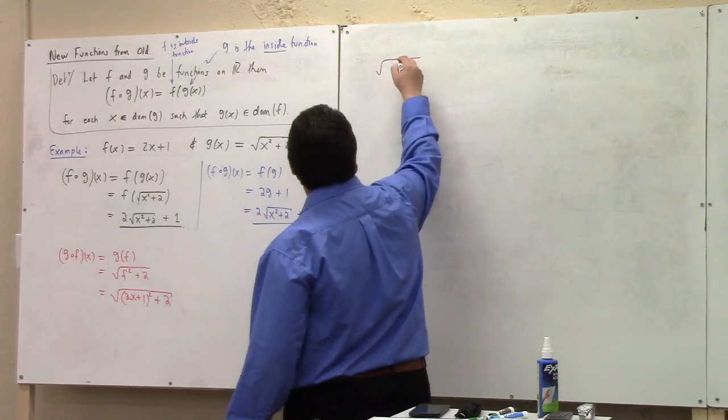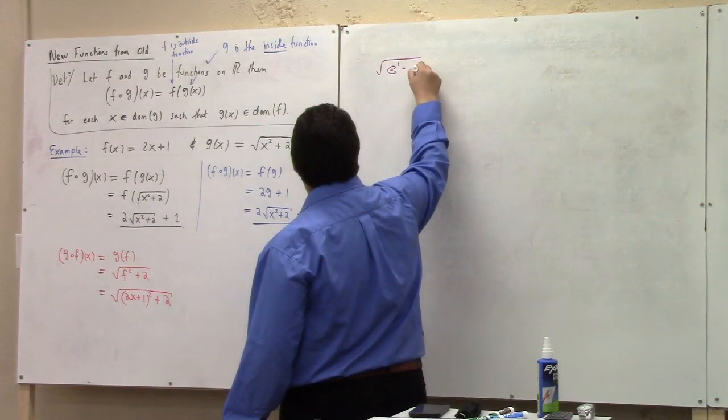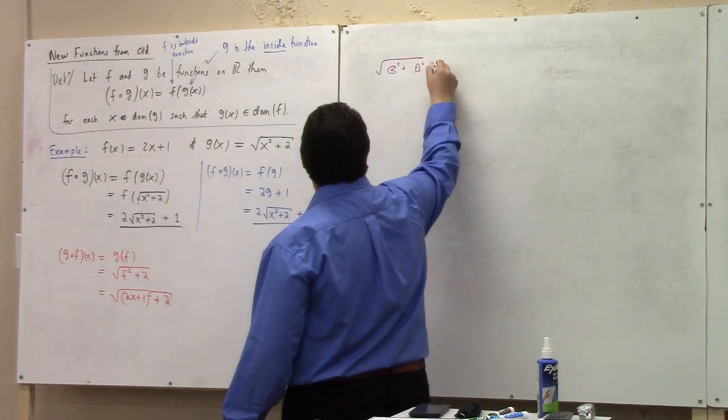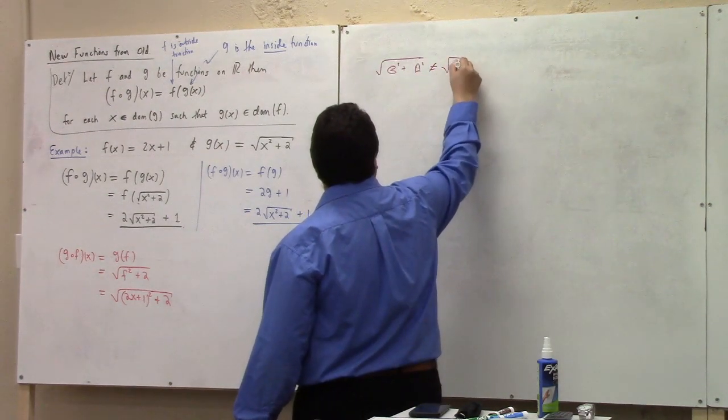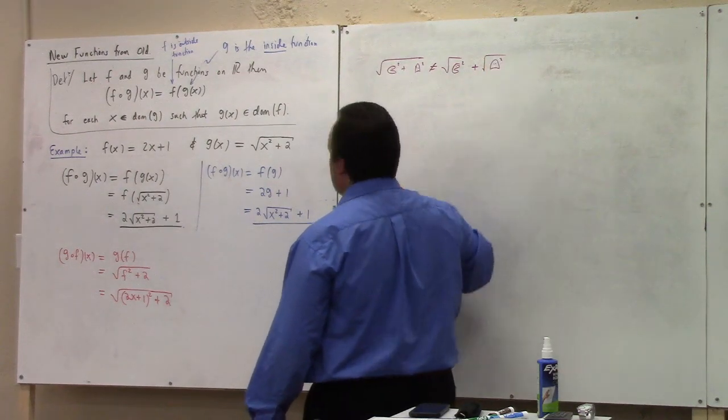What I'm trying to say is if we have the pattern like Pac-Man squared plus Ghost squared, it is not equal to the square root of Pac-Man squared plus the square root of Ghost squared. That is not what happens.